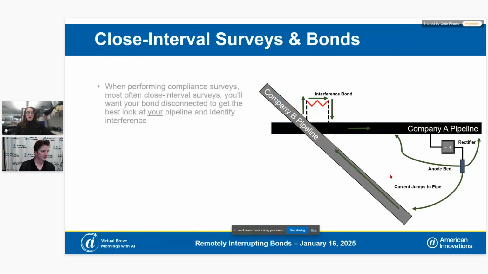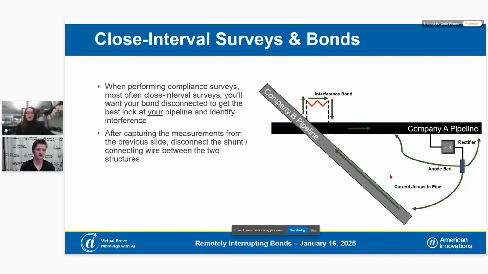Then we'll briefly talk about when you're performing some of these close interval surveys. Because the close interval survey is an interrupted survey, you'll have to be interrupting the CP system that's on your pipeline while performing that survey. Oftentimes, to remove any interference and get the true health of your pipeline while performing the survey, you'll want to disconnect your bond.